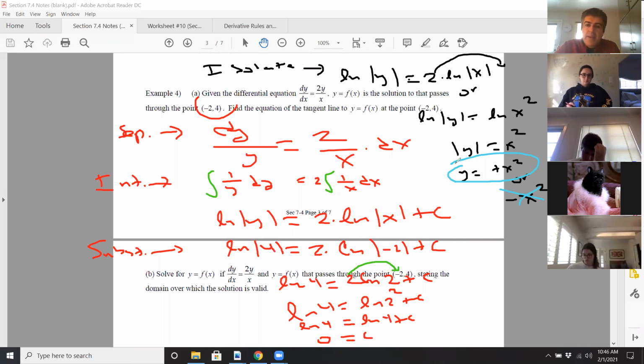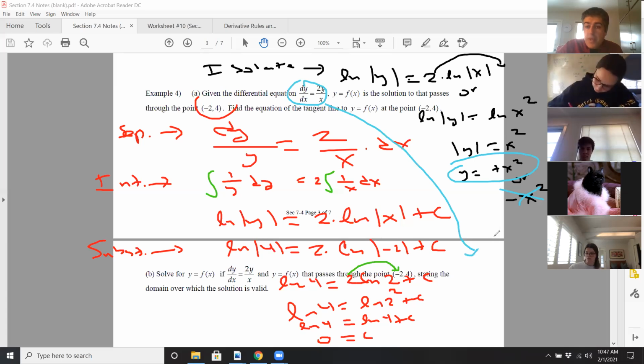Now, the thing is that given the differential equation here, you are going to have 2 branches. Either x is between -infinity and 0, or between 0 and infinity. Even though we get y equals x squared as our solution, the differential equation is not defined at x equals 0.